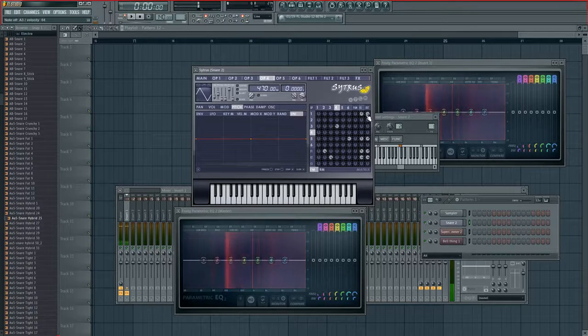So is the FM shifting the harmonics? Sort of. Short answer is yes, but it's doing it in a very peculiar way. I'm doing this at 470 hertz.